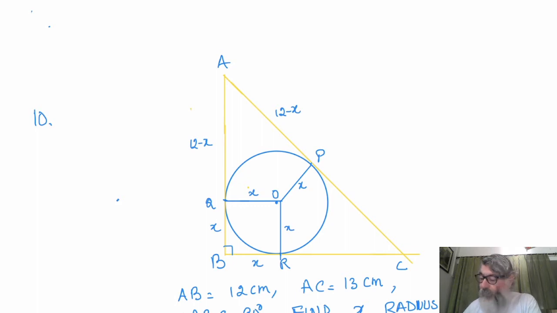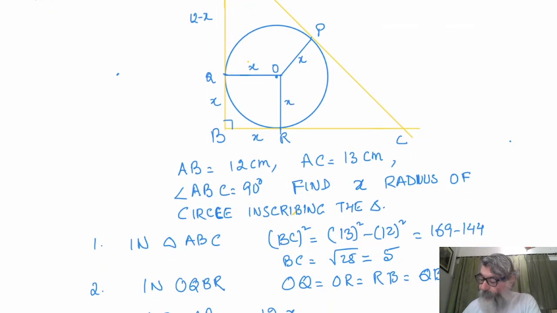Tangents are of equal length. Tangents drawn from an exterior point to a circle are of equal length. Now, fourth point will be CR will be equal to CP will be equal to 5 minus x. Why?